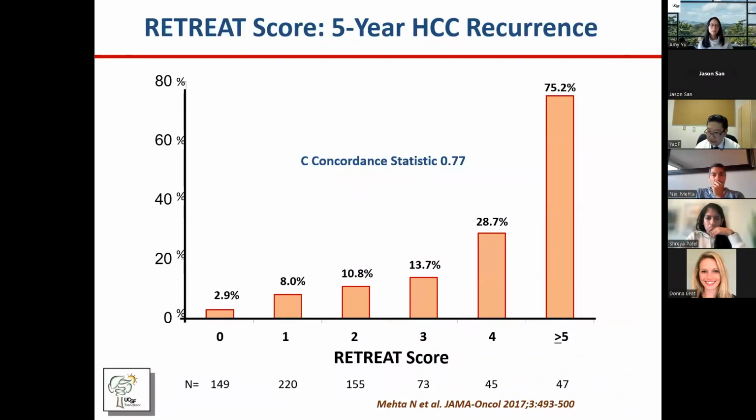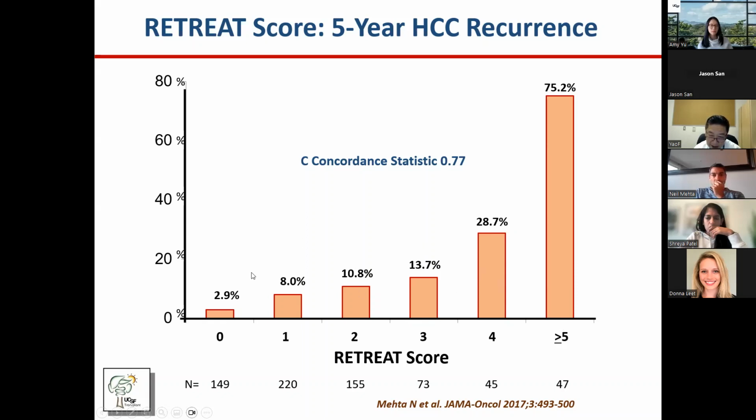You can have a RETREAT score of 0 if the patient has no viable tumor, no vascular invasion, and low AFP. You can see that the 5-year probability of recurrence was less than 3% for those with a RETREAT score of 0, up to 75% for a RETREAT score of 5 or greater.